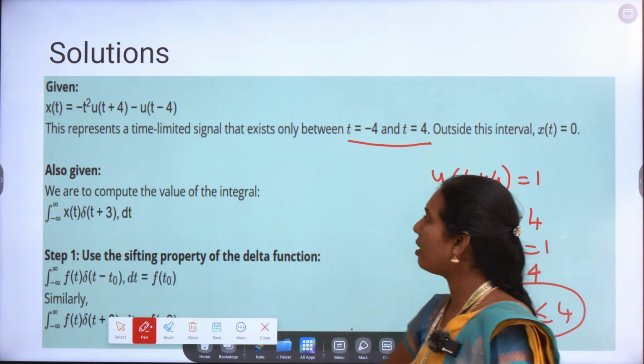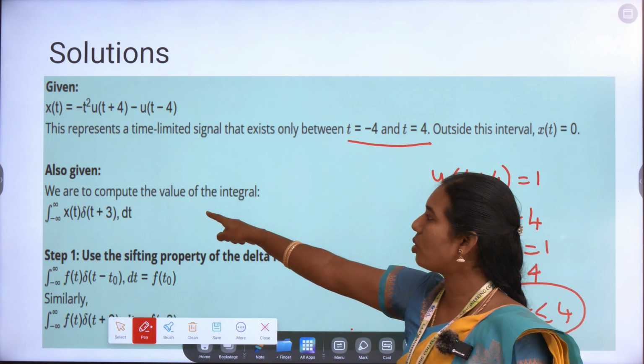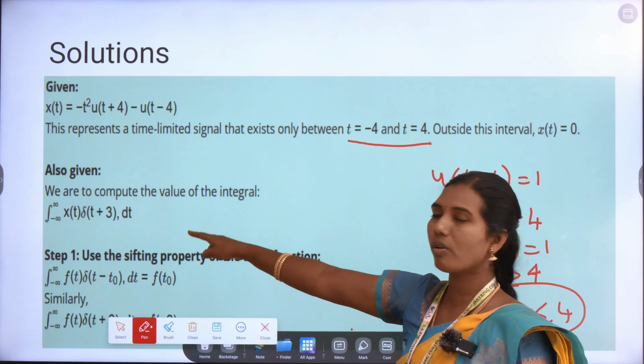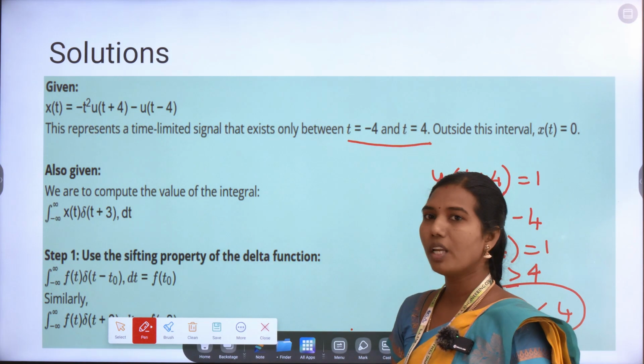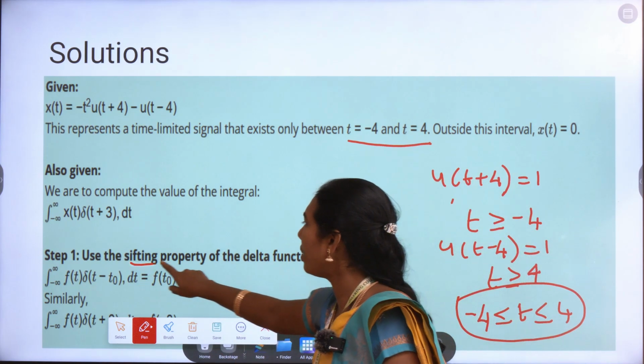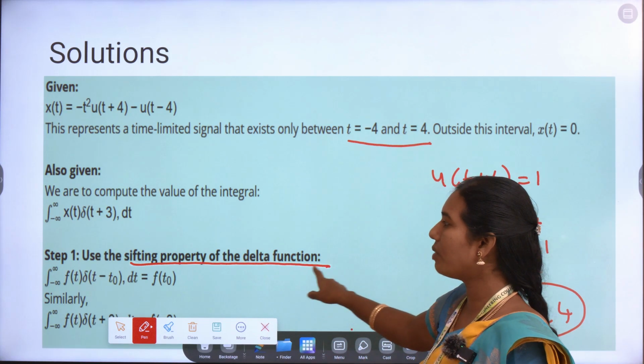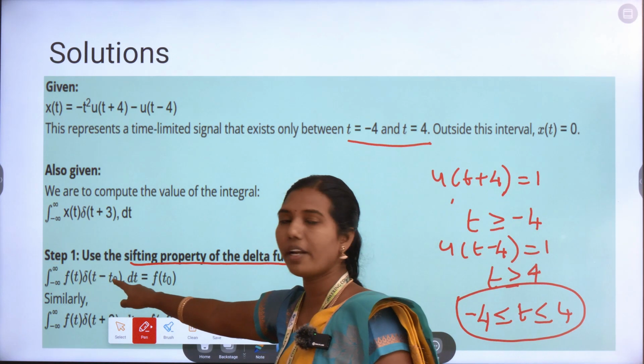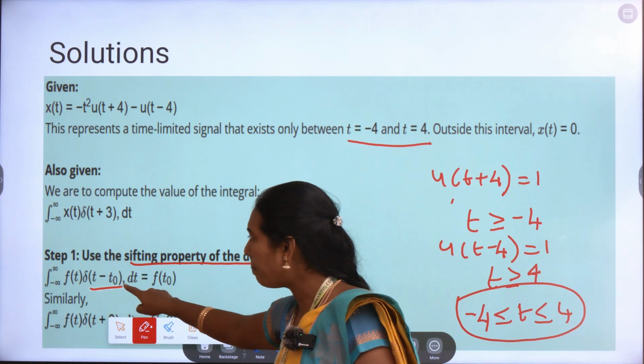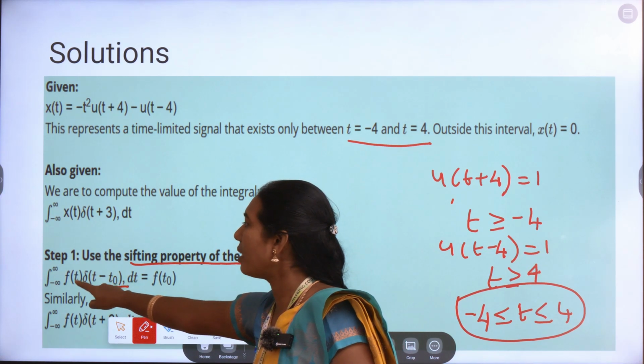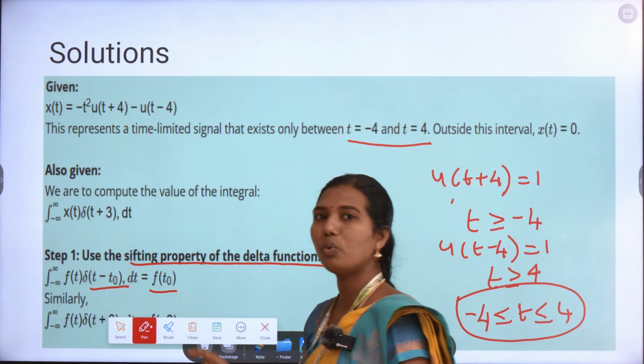In the question they asked to compute the integral of x of t delta of t plus 3 dt. We know the shifting property of the delta function: when the signal is multiplied by a time shifted impulse and integrated, it picks out the signal value at t naught.